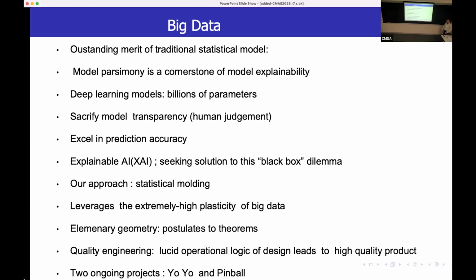You want this AI product to be acceptable by everybody so they feel comfortable. You need to have this lucid operational logic on how you design it. And that's the way you will have a high quality product. That's a minimum assumption. And we have two projects underway. One is called Yo-Yo and one is Pinball. And I'll show you what they are.